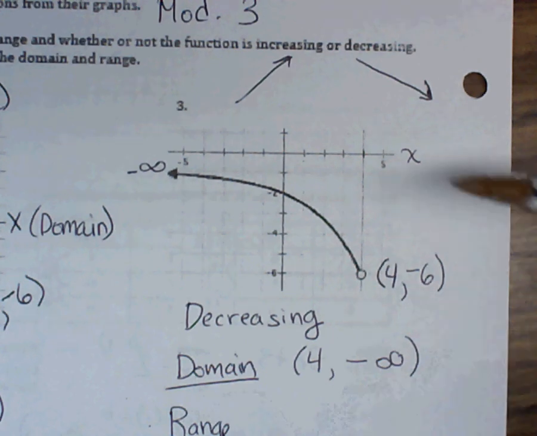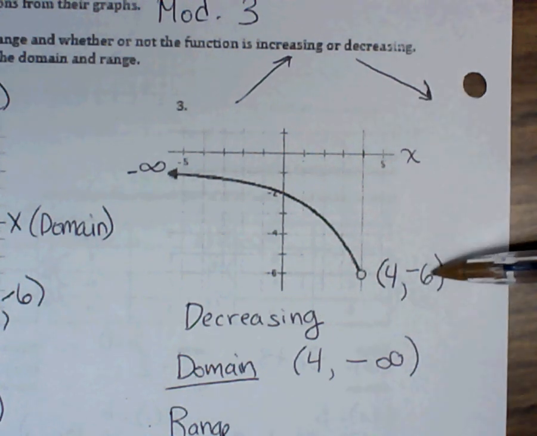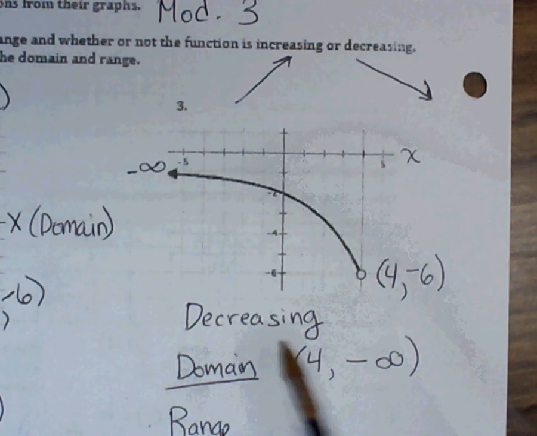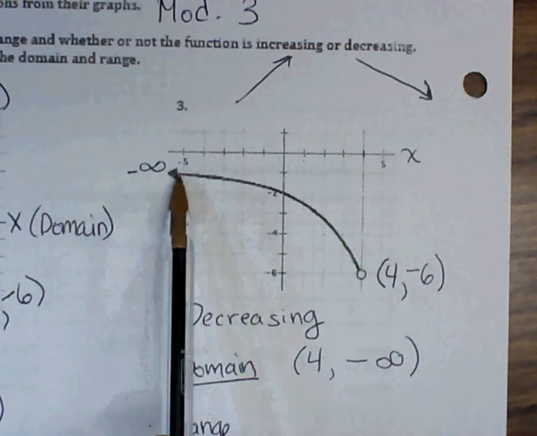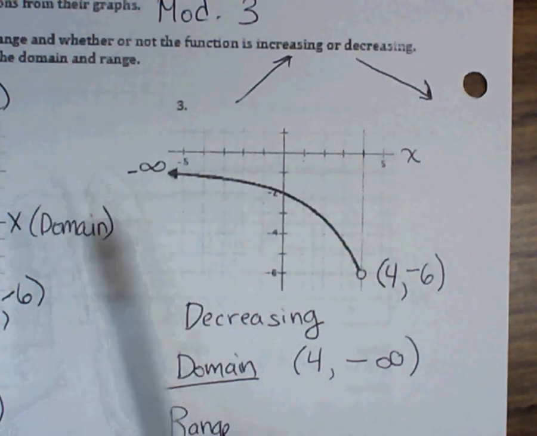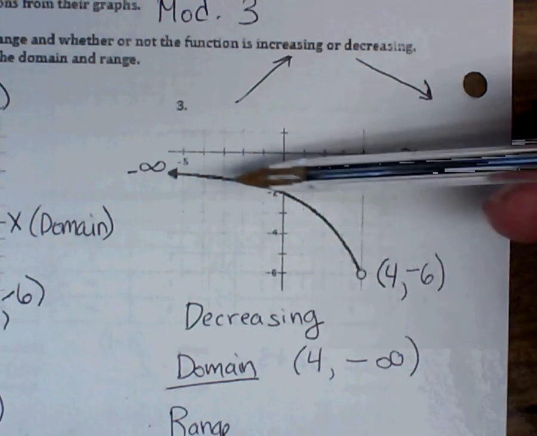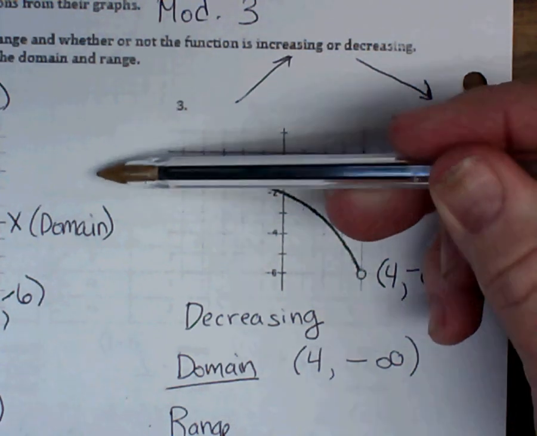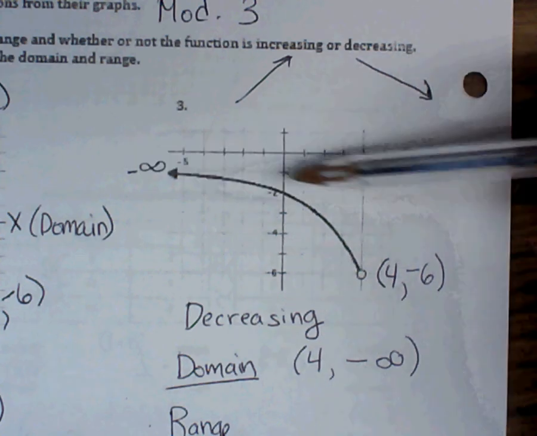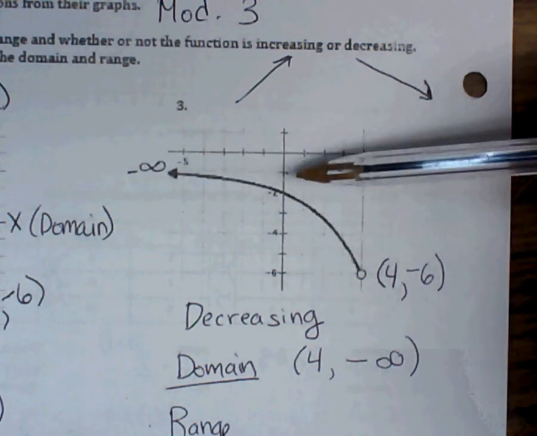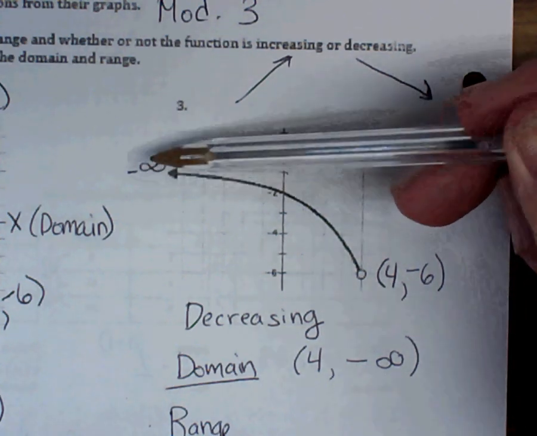And I'm going to go in the same order for the range. So I'm looking now at my y values. So for y, it's evening out here at about where x is negative 1. And it's just going to keep getting closer and closer to negative 1. This is a special kind of function. So it's going to keep getting closer to -1.